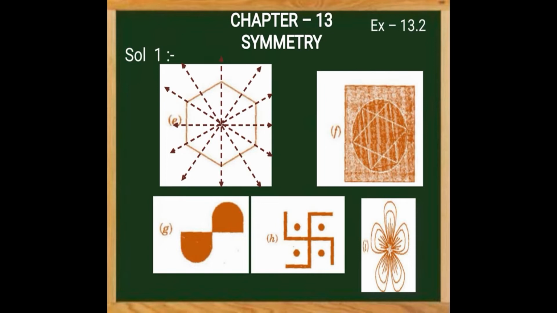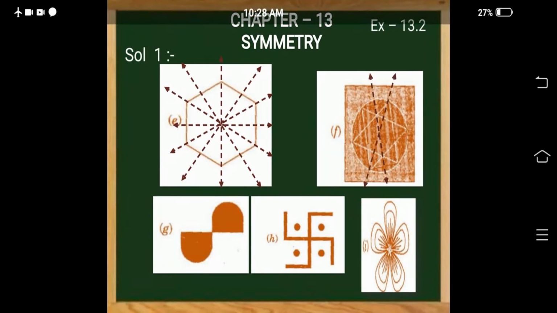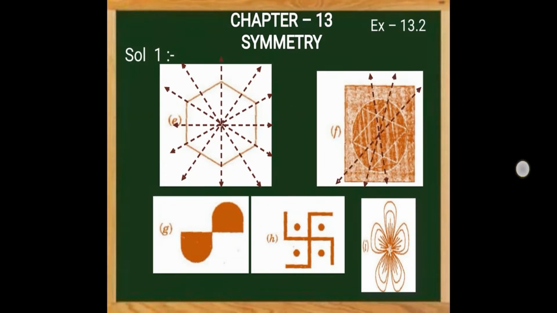Moving to the next figure, F. This is one line of symmetry. Just check, you'll get equal halves. I'm just talking about the circular part. Alright. So next L2, L3, L4, L5. Here comes L5 and then the last, L6.